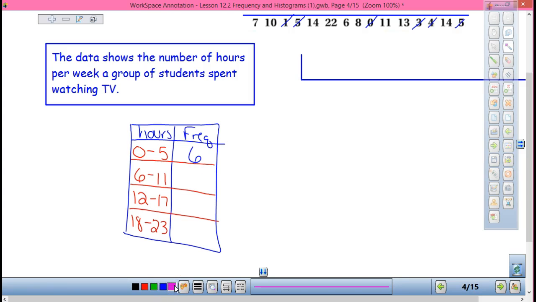And then how many from 6 to 11? 1, 2, 3, 4, 5. So 5 of them from 6 to 11. How about 12 to 17? 3? And from 18 to 23?